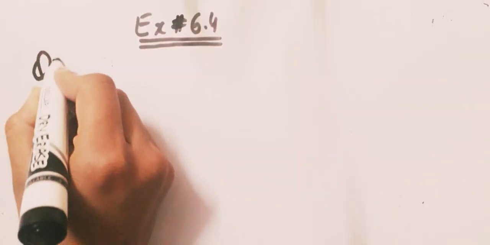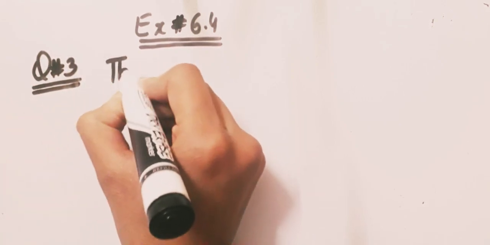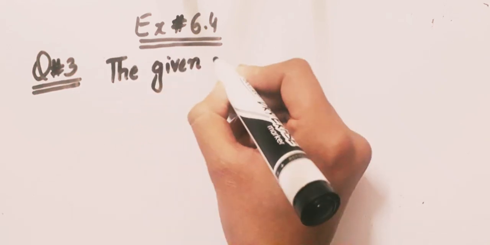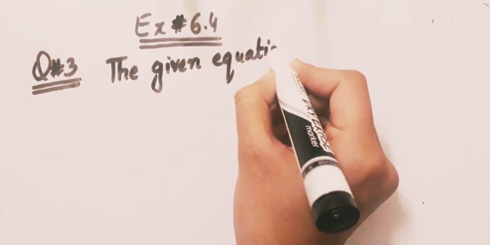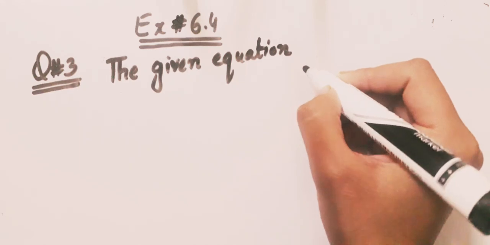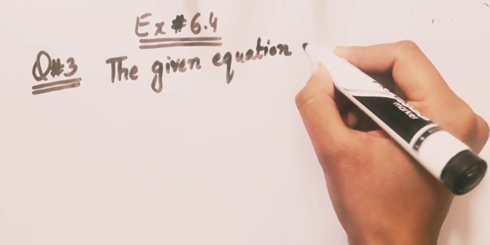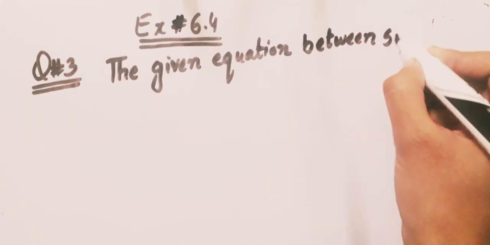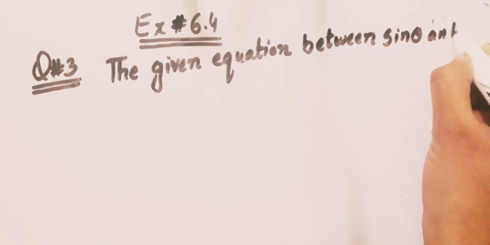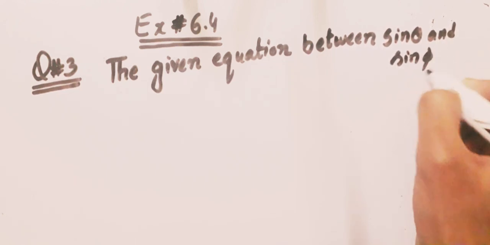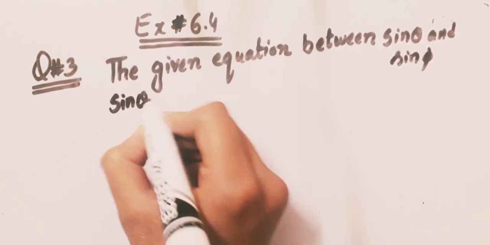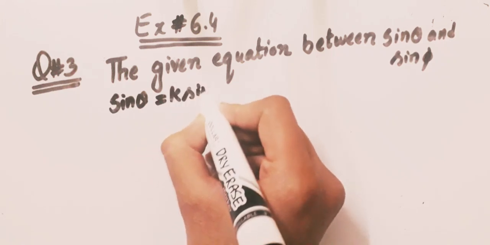Now in question number 3, the given equation between sine theta and sine phi is sine theta is equal to k sine phi.